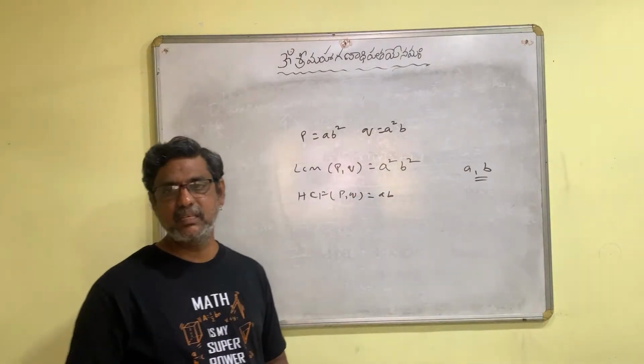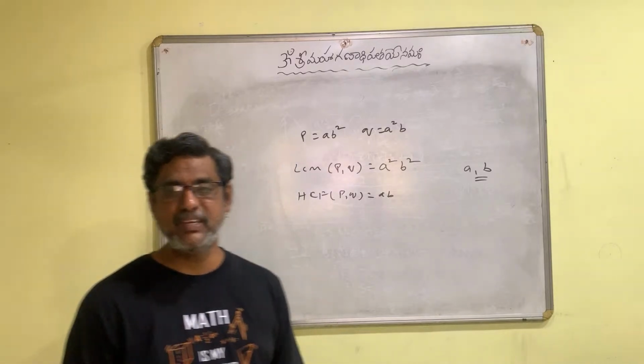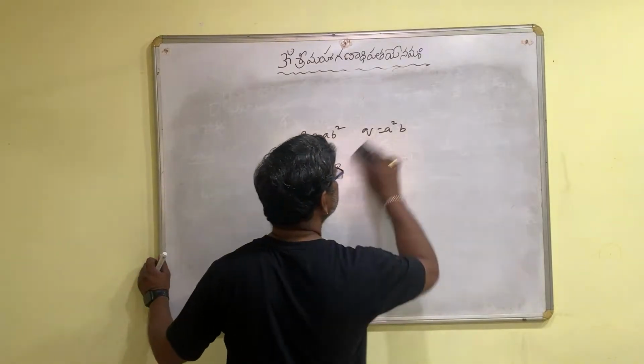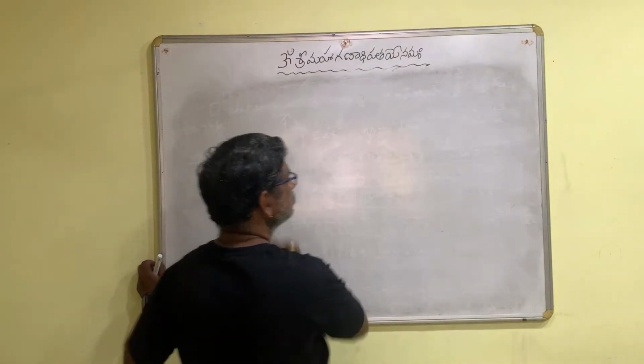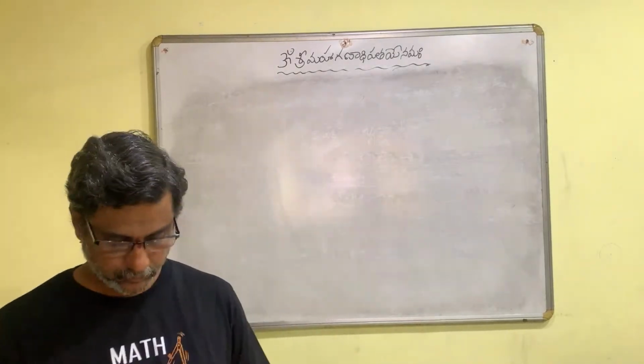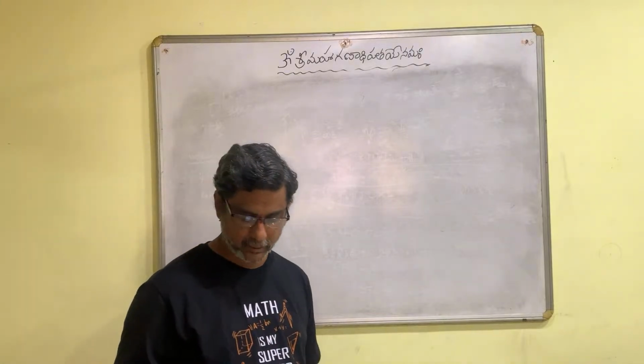So HCF is AB. LCM is A square B square. Okay? Go ahead with the second question. So the first case study question is done.